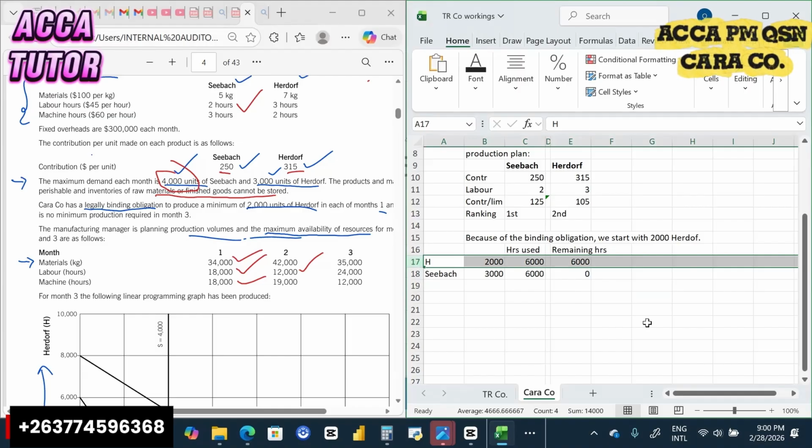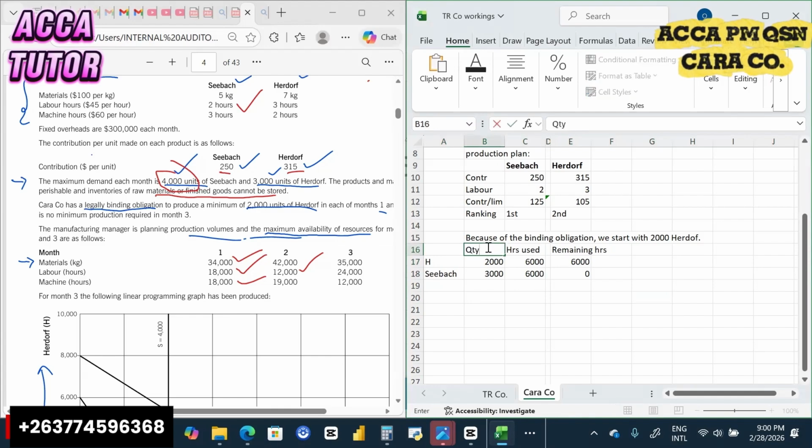Head offs are only going to be produced 2,000 in terms of quantity. These are the quantities produced.